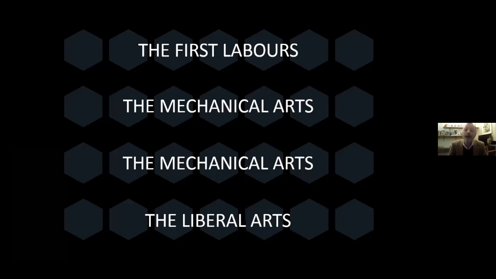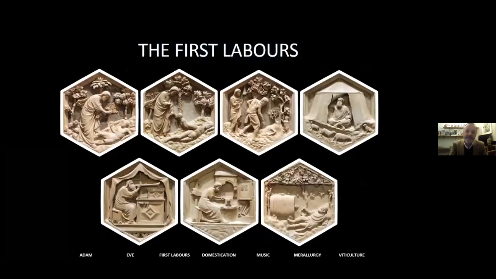And to give you an idea of the subject matter that they represent, on the face of the bell tower that looks out into the piazza towards the baptistry, we have the earliest subjects and probably the earliest carvings in terms of the group representing the first labors.